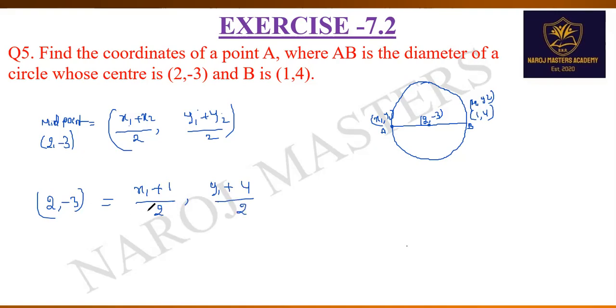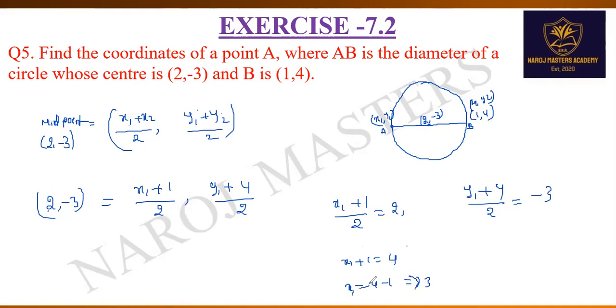So equate the x term with the x term. So (x1 + 1)/2 is equal to 2, and (y1 + 4)/2 is equal to -3. Then x1 + 1 is equal to 2 into 2, which is 4. So x1 is equal to 4 - 1, that is 3.